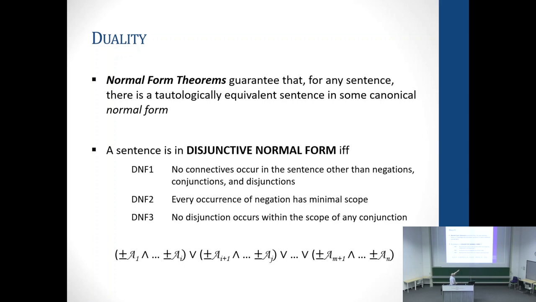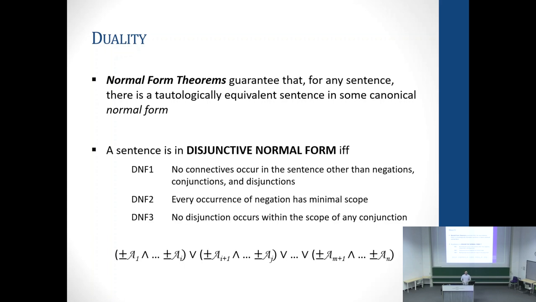It's only got three kinds of connectives: negation, conjunction, and disjunction. It's got them in a very particular distribution. Negation always has minimal scope. So that is, if there are any negations, it only applies to atoms. Importantly, conjunctions always are inside the scope of any disjunction.